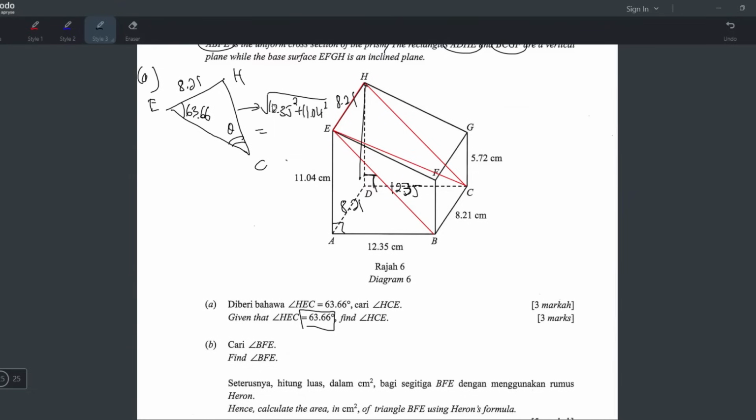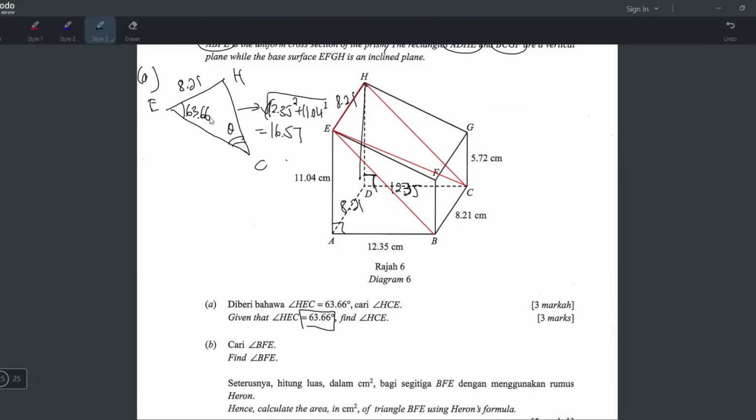Now press 12.35. This one is bracket 12.35 square and then plus 11.04 square. Okay, I got 274.4041. Wait, I haven't square rooted yet. Sorry. Okay, so I got 16.657. Just write in 4 significant figures for the side.